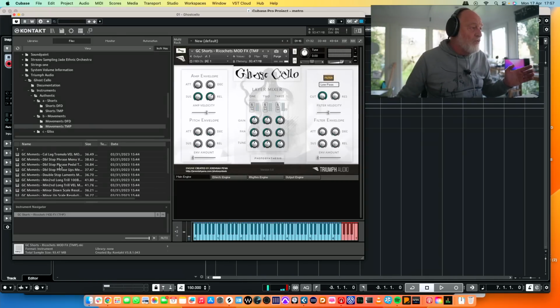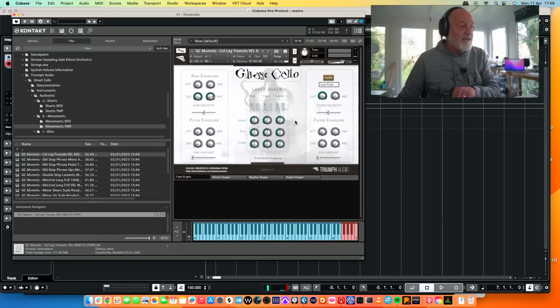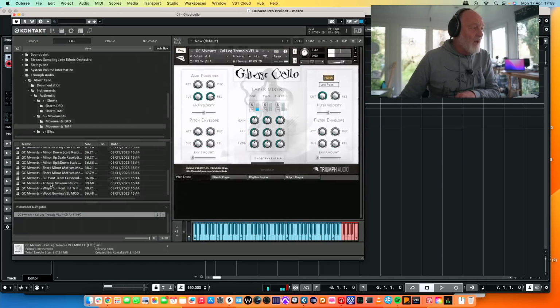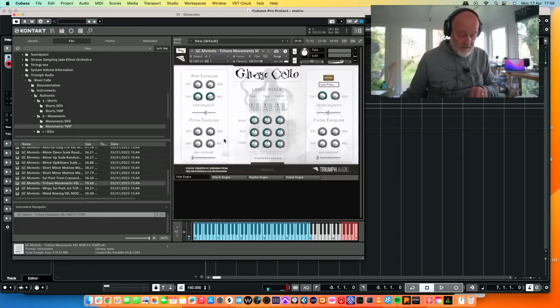Then we've got movements, double stop phrase-ups. Ooh. Okay, do you see what I mean? These are things you could really get stuck into. Tritone movements. What's a tritone movement? Oh yeah.